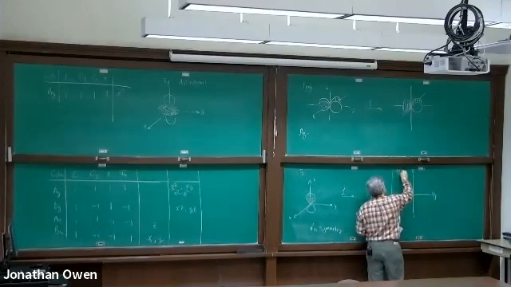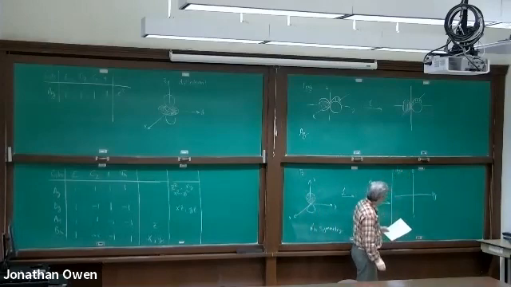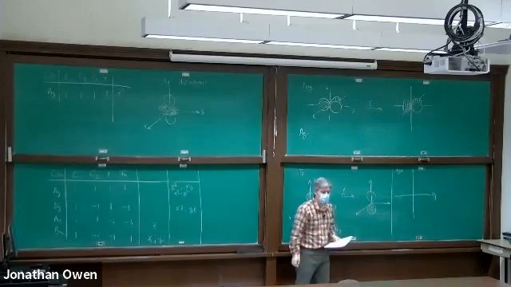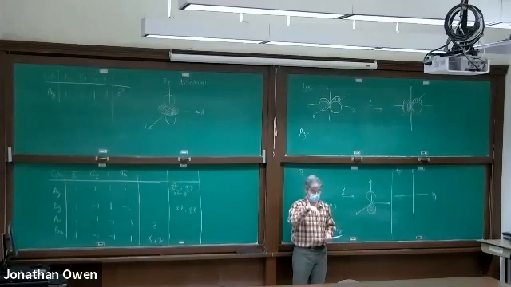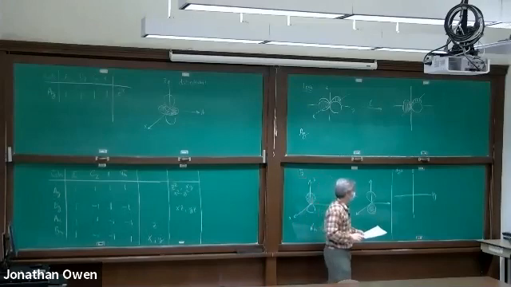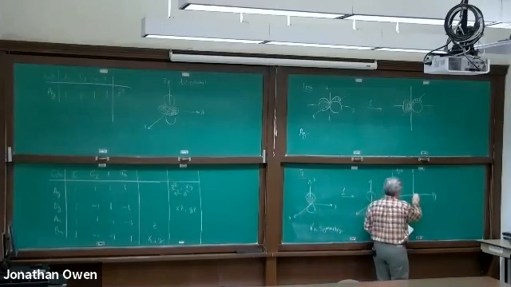The dYZ orbital sits in the YZ plane. Now, where are the lobes in this YZ orbital? Are they on the axes? Between the axes? They're between, right? Only z squared and x squared minus y squared, the squared ones, have lobes that point right along the axes. The other three, the lobes point between the axes, and there's three different possibilities. YZ is one.